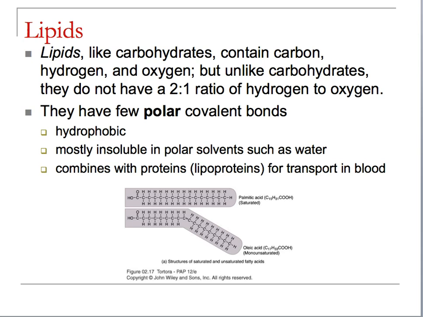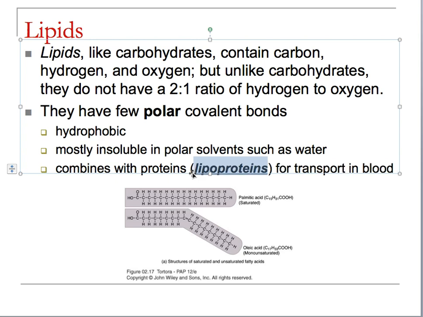They're mostly insoluble inside water, and in chapter 18 in your future, when you need to understand how lipid-based or steroid-based hormones travel inside your body, they have to actually combine with a protein. Hence, they're called lipoproteins, because they are now allowing these lipids to become soluble inside of the circulatory system, because normally they wouldn't be.